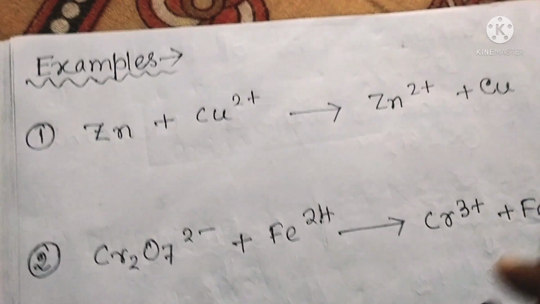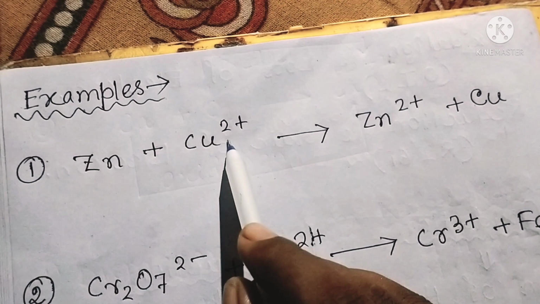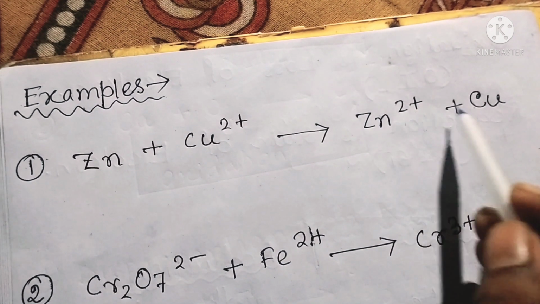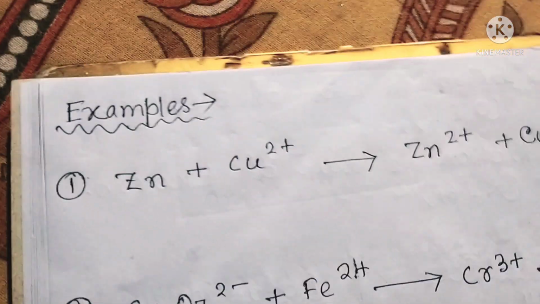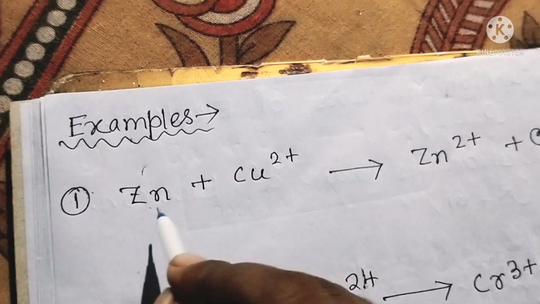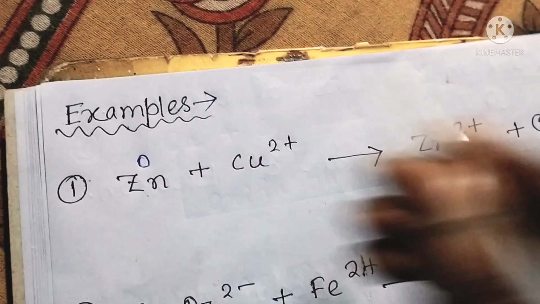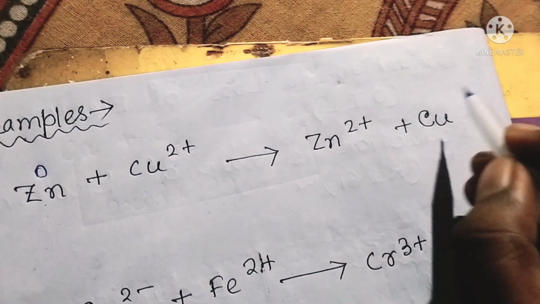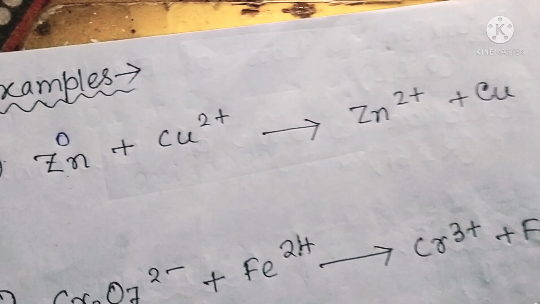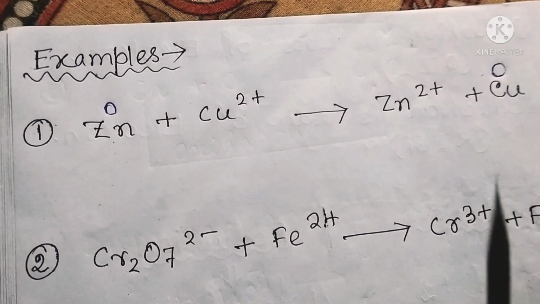So here we take Zn plus Cu2+ turns into Zn2+ plus Cu. So students, here Zn is in elemental state, so the oxidation number of Zn is 0. And copper is also in elemental state, so the oxidation number of copper is also 0.